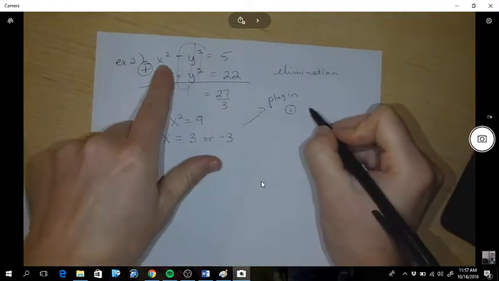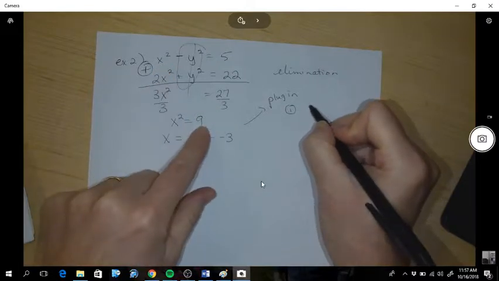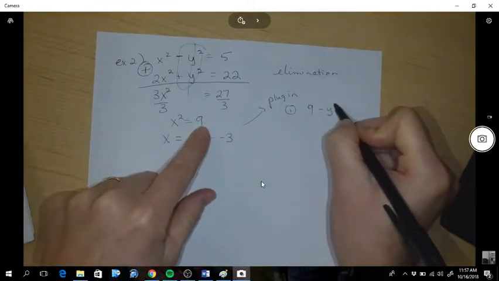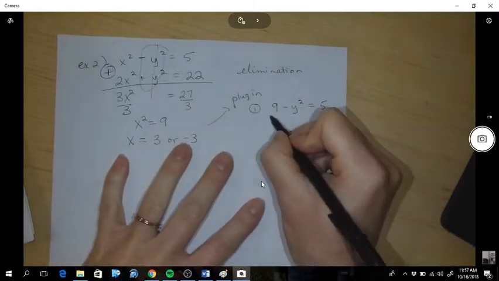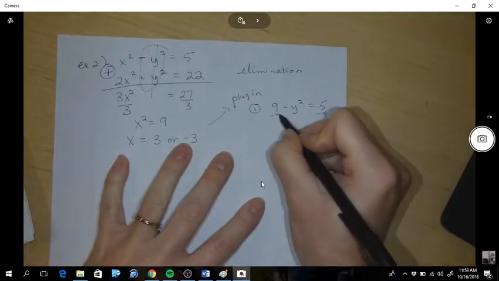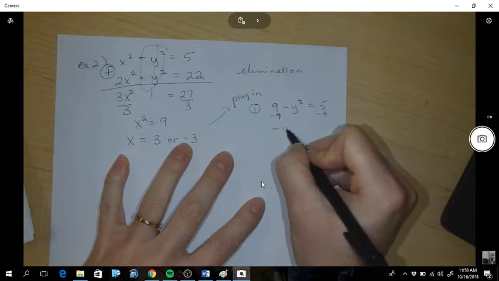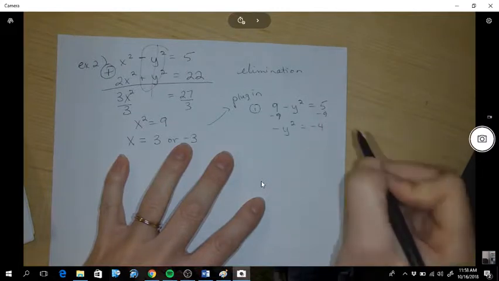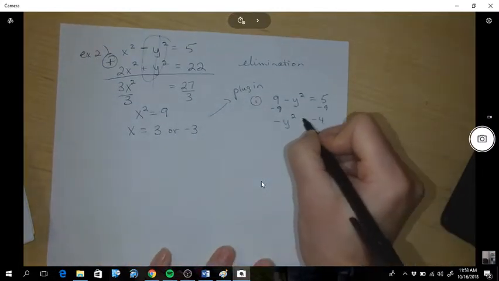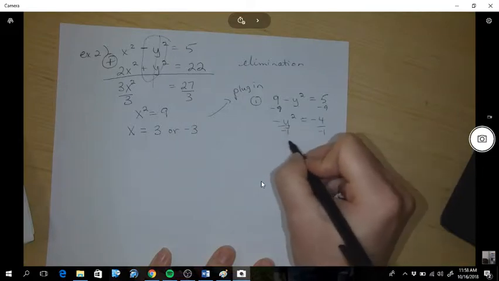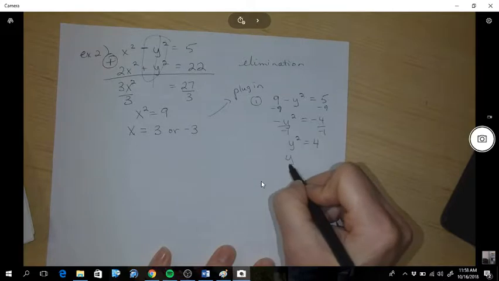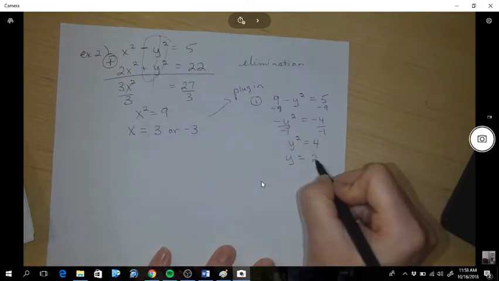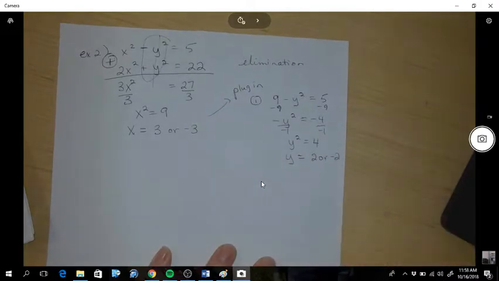So x squared, I'm going to replace that with 9, minus y squared equals 5. So take away 9, I get -y squared equals -4. Divide by -1, so y squared equals 4. Therefore my y is equal to 2 or -2.